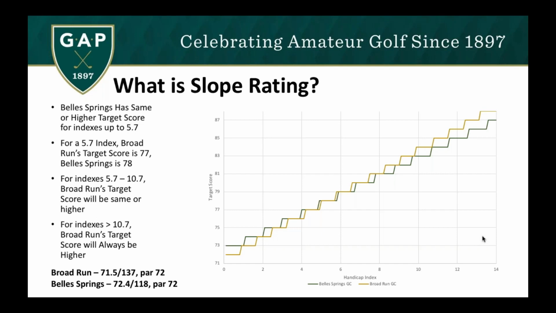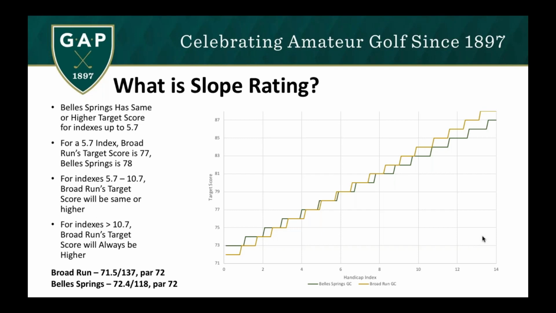So that yellow line actually crosses over at about the 5.7 range in the chart, and that number then becomes higher because as the handicap index goes up, scores are actually going up faster for those players. So really, slope rating is, as John mentioned early on in the book definition, the relative difficulty of a golf course for players who are not scratch players compared to others.